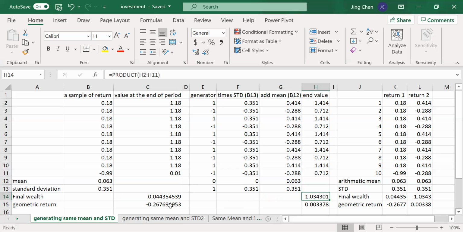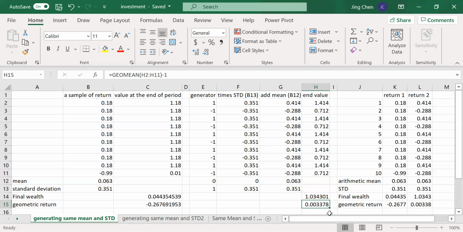But then we can calculate a geometric return. The geometric return of the first one is almost negative 27%. The second one is a little bit above 0. So you see, with geometric return, we can distinguish them very easily.